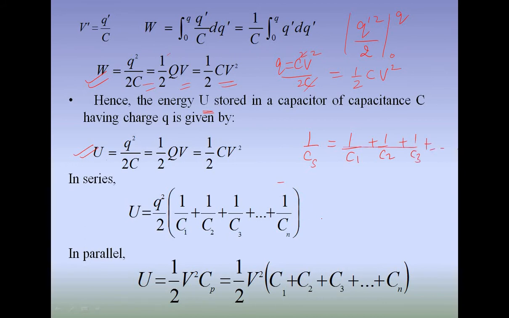And in case of parallel combination of capacitors, we will get CP is equal to C1 plus C2 plus C3 and so on. Okay, so please derive these yourself, and you will come to this conclusion that energy also obeys this form. In series it is in this form, and in parallel it is in this form.